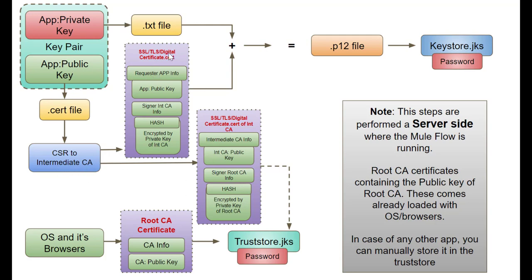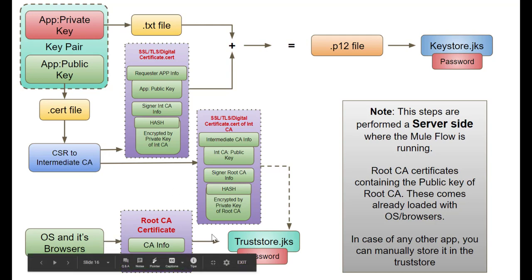One is the digital certificate of the particular app from where the CSR request was raised, and another digital certificate is the identity of that intermediate CA. As I said, the intermediate CA acts as a middleman here.